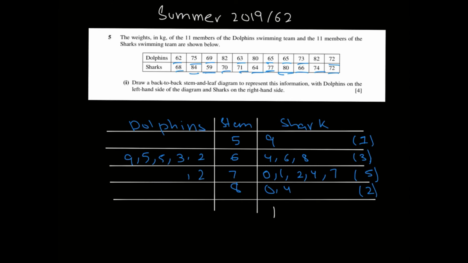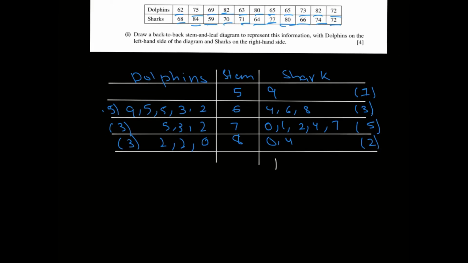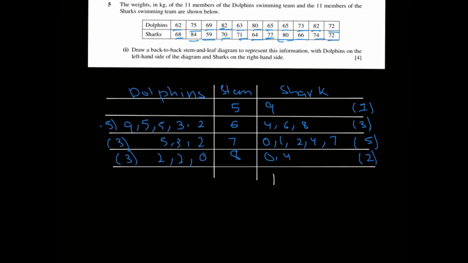So 2, 3, and 5. These are 5 values and these are 3 values. And then for 8, we have 82, 80, and 82. So 0, and then two times 2, and that's 3 digits. So this is a stem and leaf diagram for this question.